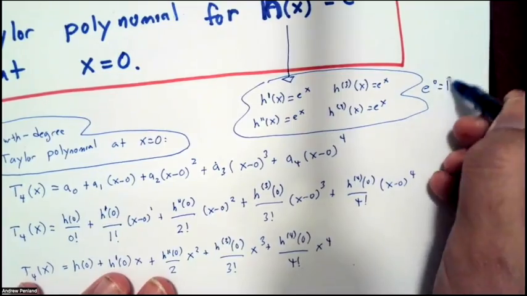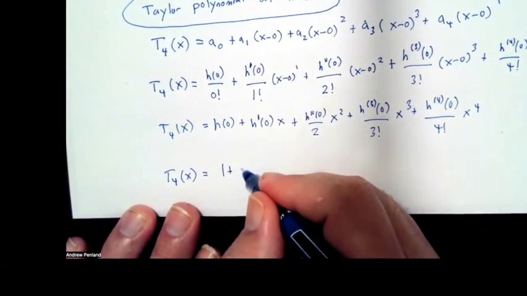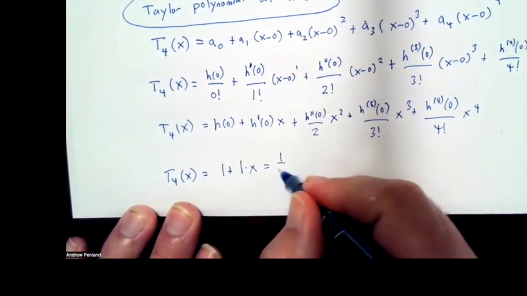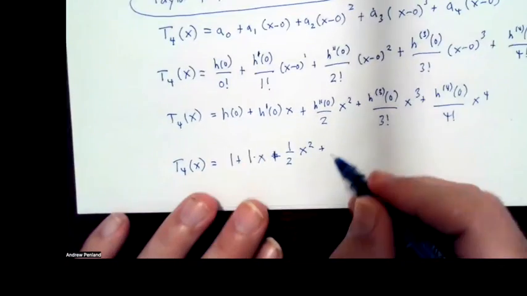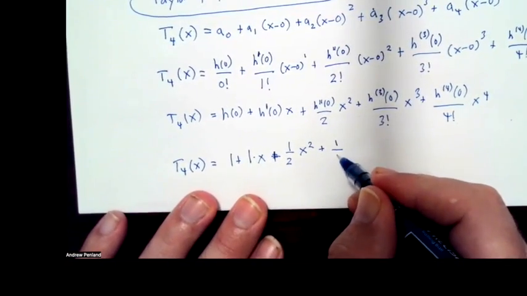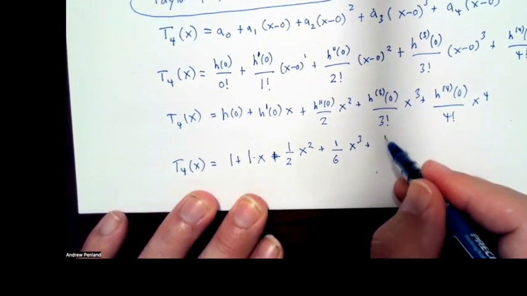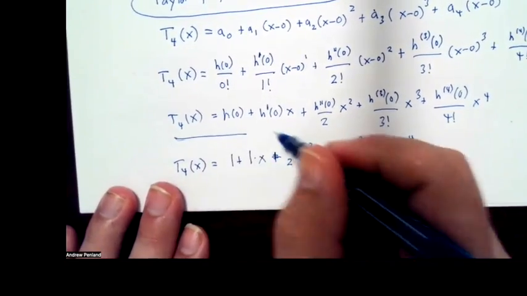I know that e to the 0 is equal to 1, so taking that, I'm going to get 1 plus 1 times x plus 1/2 x squared plus 1 over 3 factorial, which is 6, so 1 over 6 x cubed plus 1 over 24 x to the fourth.